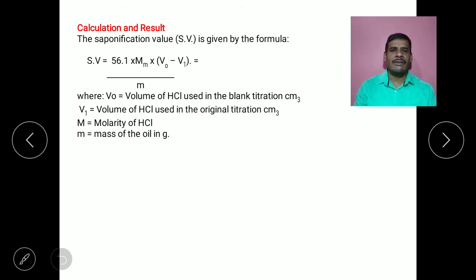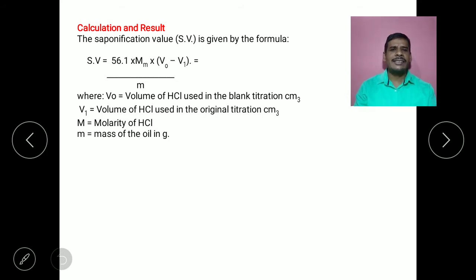Every oil and fat has a different saponification value. If the saponification value is greater, fewer carbon atoms are present in the chain of the fatty acid, and with fewer carbon atoms the molecular weight of the oil or fat is lower.